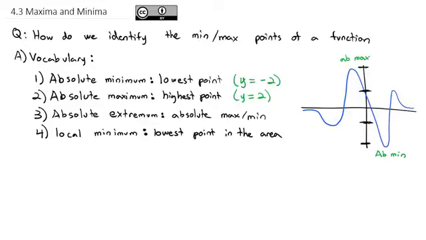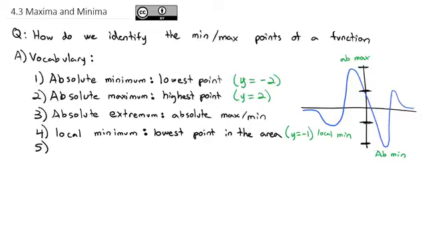And you'll see we've got a little dip off to the right. We can call that the local minimum, because it's kind of a valley. It's not the lowest valley, but it is the lowest valley in the area. So that's going to be at y equals -1.